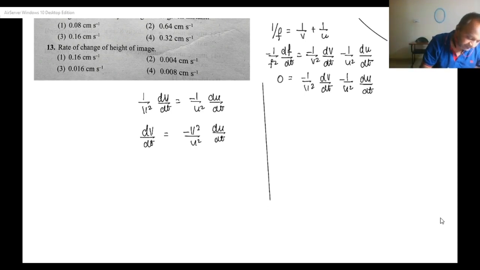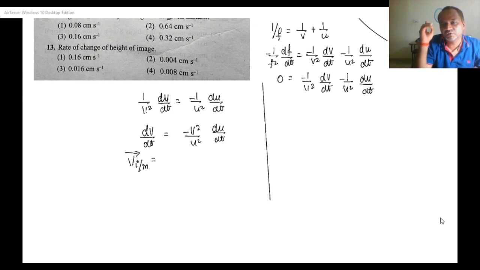And minus v square by u square, minus v by u, we know that is the magnification. So this we can write as minus of m square du by dt, the rate of change of object distance. The rate of change of object distance is nothing but the velocity of object with respect to mirror. So du by dt we can write as velocity of object with respect to mirror, right?